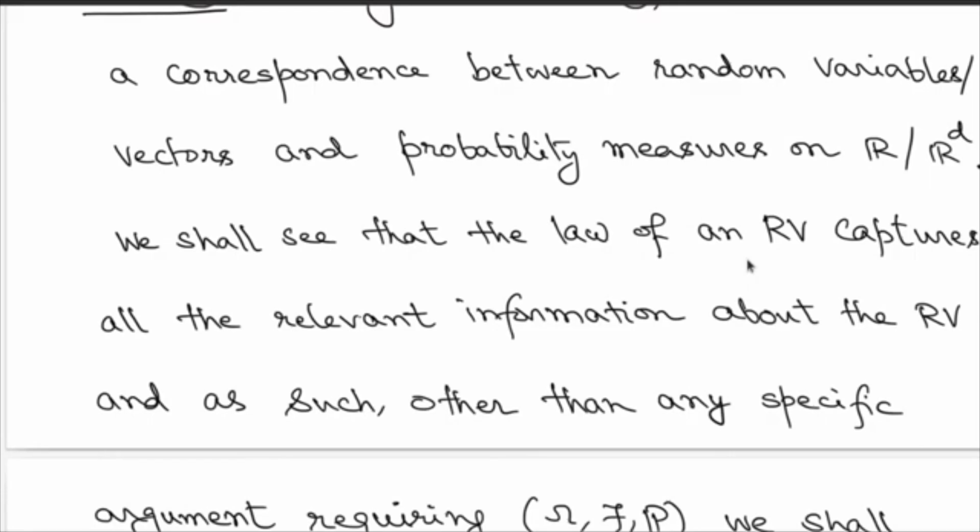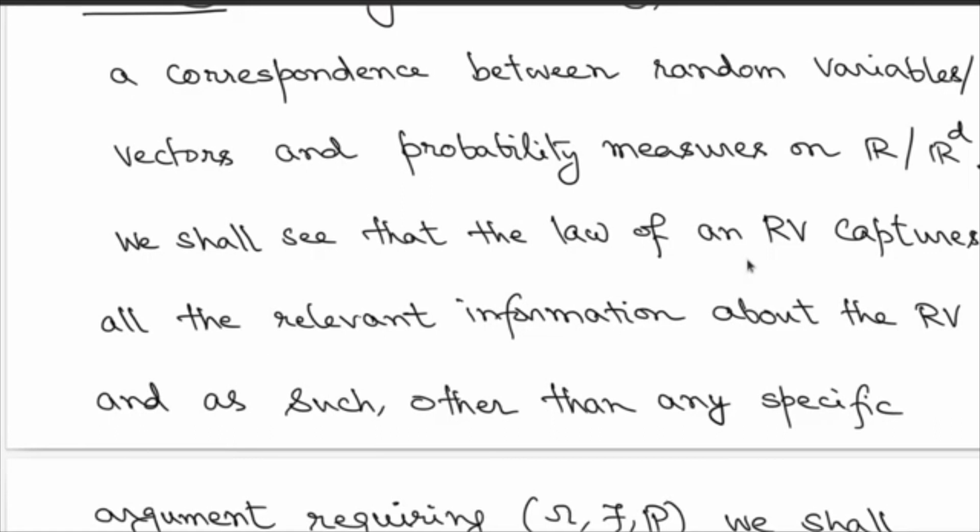But then we are yet to discuss things about moments and so on, but we shall also see that all of these can be written purely in terms of the law. So the law is quite important whenever you are discussing the random variables or random vectors.